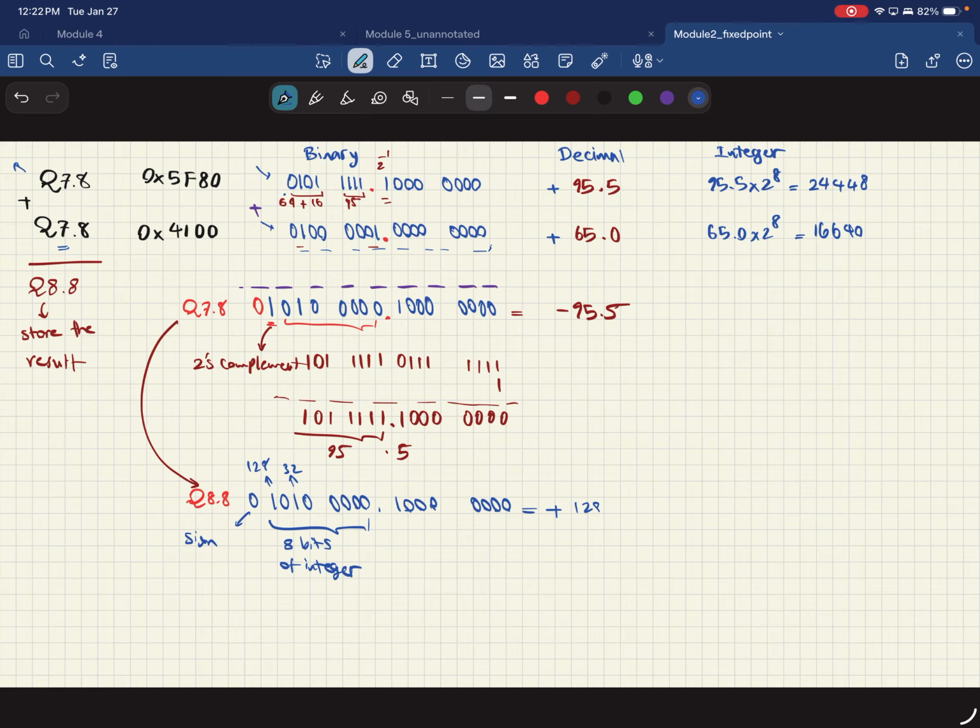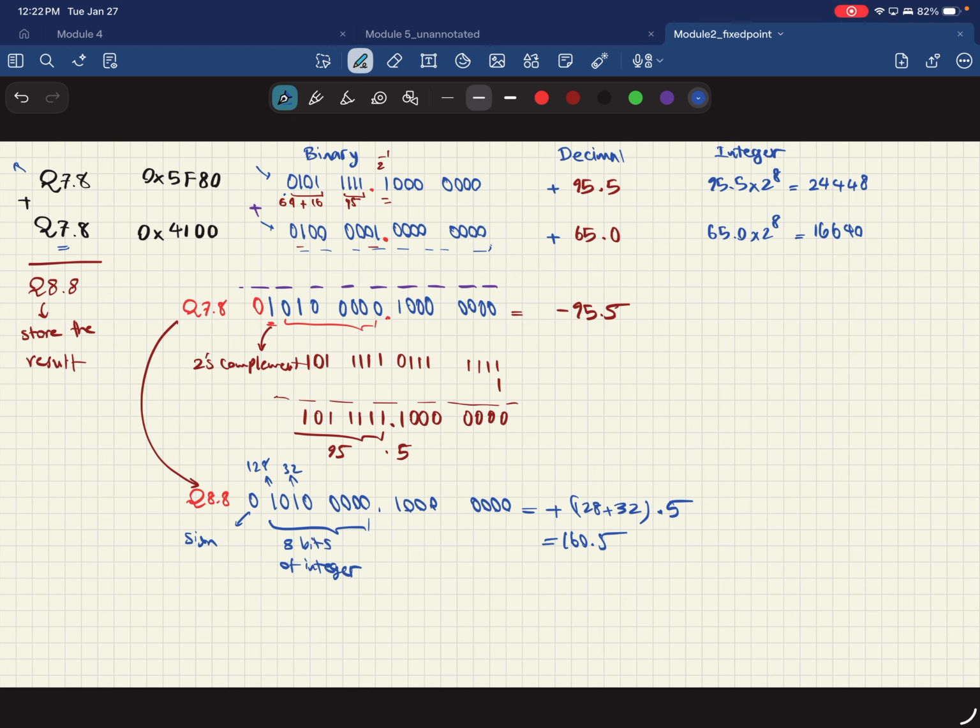So 128 plus 32, dot 0.5, that's 160.5. So if we were interpreting this binary correctly, thinking that if I add two integers with 7 bits, the result in general needs 8 bits to store it, then this result would be okay.